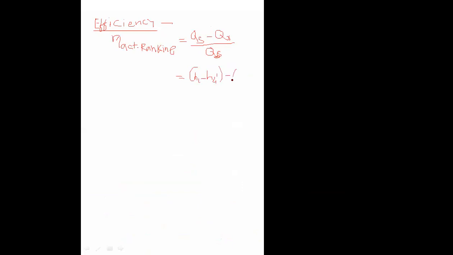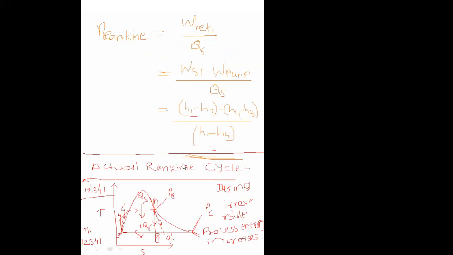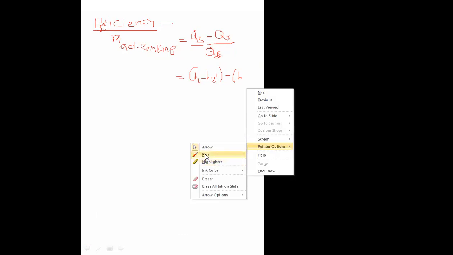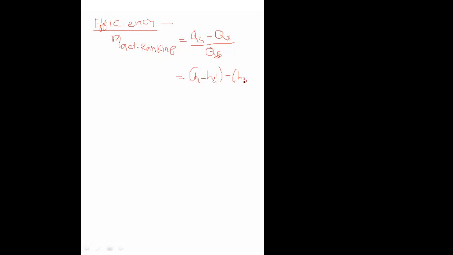Heat rejected will be H3 minus H2 dash, divided by H1 minus H4 dash. With the help of this equation, one can calculate the efficiency of the actual Rankine cycle. Understood? Here we have to consider actual Rankine cycle points because it is not theoretical.